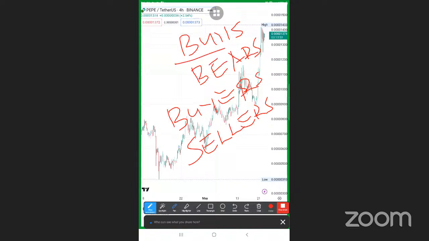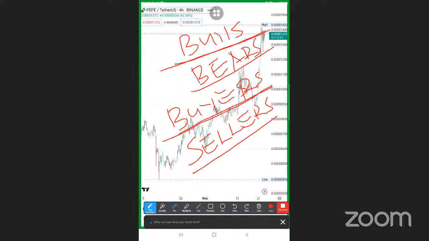So the bulls are the same as buyers. When someone is talking about the bulls in the market, they are referring to buyers. When someone is using the word bears, the person is referring to sellers in the market.